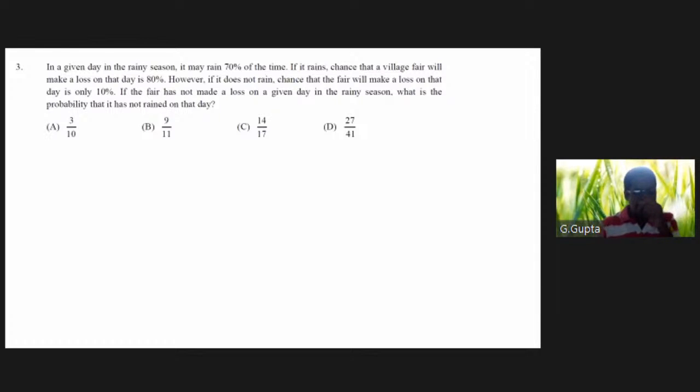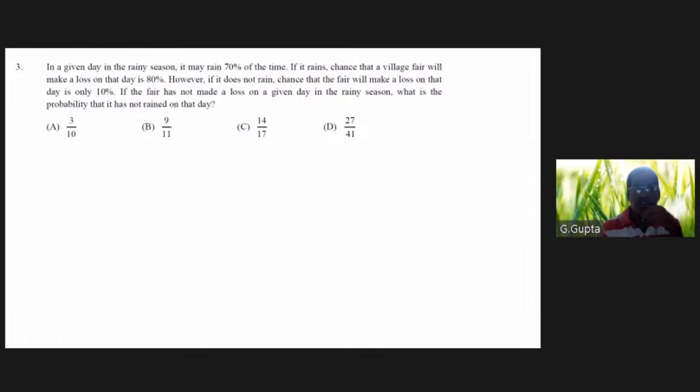Because in the rainy season there is generally more rain, so chances of loss are more. However, if it doesn't rain on a particular day, the chance that the fair will make a loss is only 10%. Naturally, if there is no rain, there will be less loss.